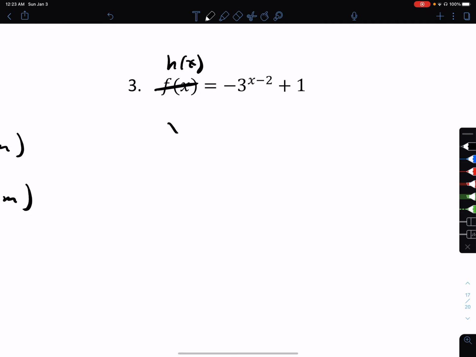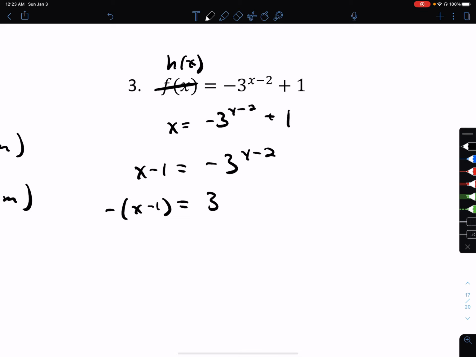Find the inverse, interchange x and y. And then we are trying to get y by itself. I'm going to subtract 1 from both sides. I'm going to multiply each term by -1. I don't want to distribute that because it makes graphing and analyzing this easier.